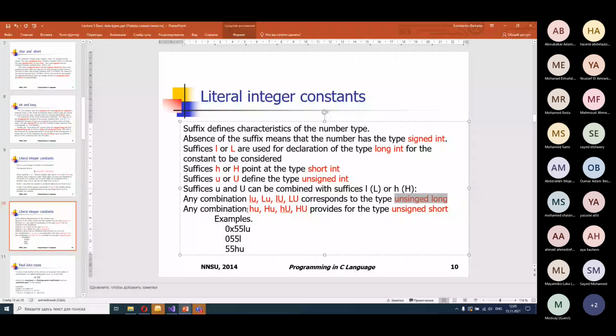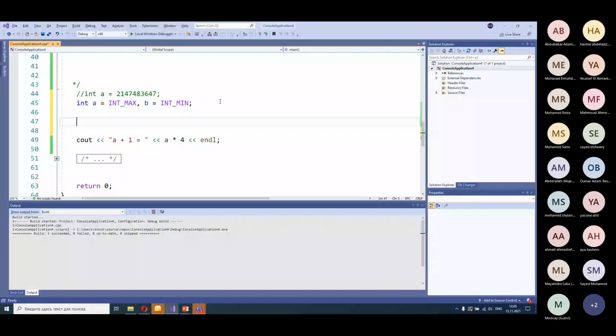For example, you can write something like this. Short int c equals 5.